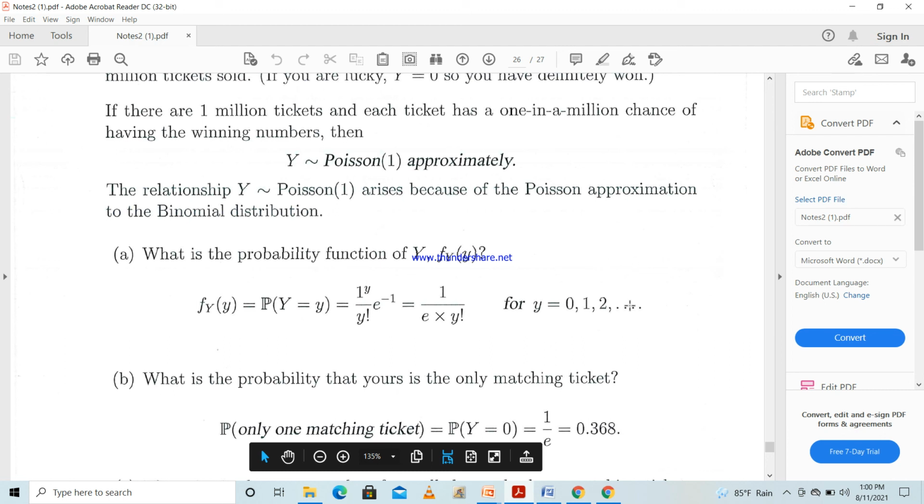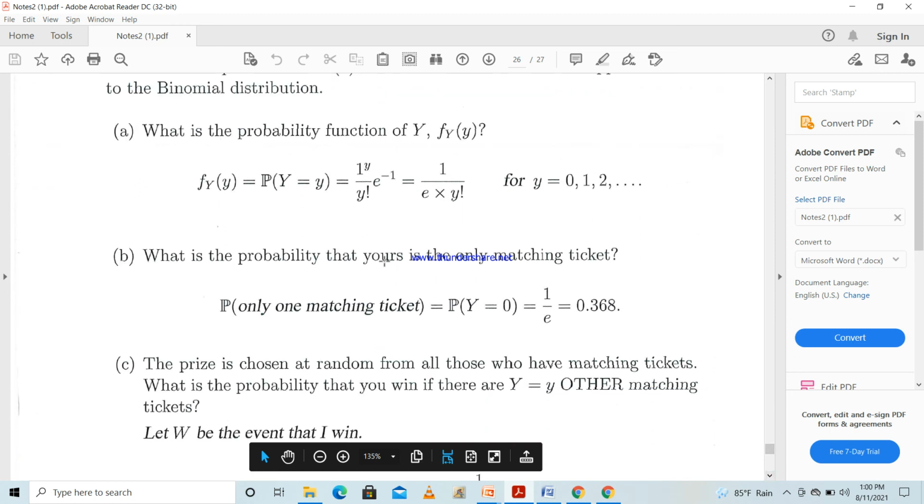So if Y equals 0, you are very lucky, you will get the prize, because the number of other tickets with matching numbers will be equal to 0. That is the probability that yours is the only matching ticket. For that case, Y should be equal to 0.